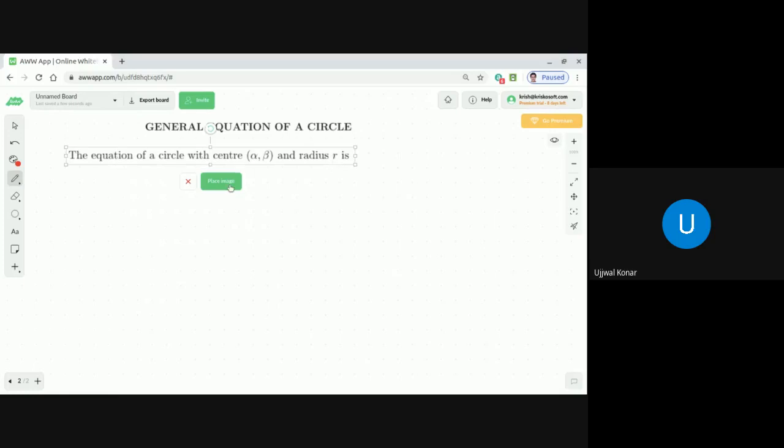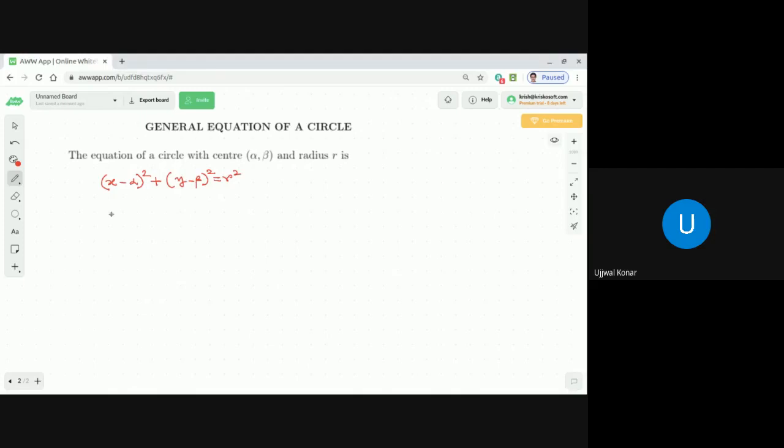The equation of a circle with center having coordinates alpha comma beta and radius r is nothing but x minus alpha whole square plus y minus beta whole square is equal to r square. Now, dear students, let's expand it.